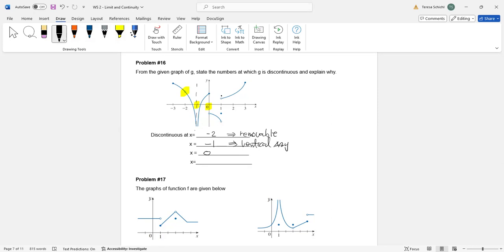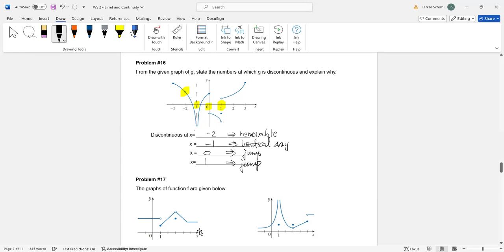This is discontinuous. And what type of discontinuity is this one? This one is a jump, right? Because it's a gap here. Then the next one here will be x equal to 1. Because there is a gap, this one is also a jump.